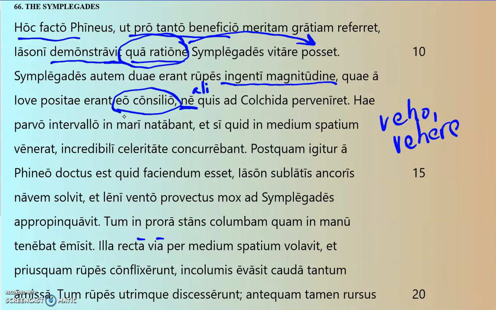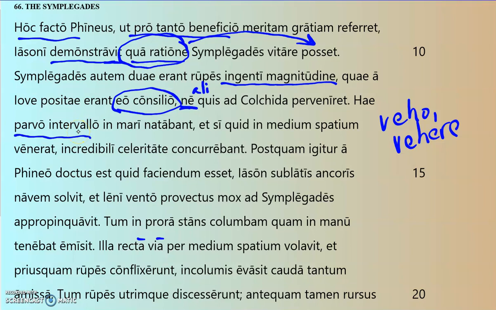Some tests like the NLE and the AP exam, they might try to split hairs on some of these ablatives, but I don't think it's useful or fair. So this is an ablative of manner. How were they floating in the water at a small distance?